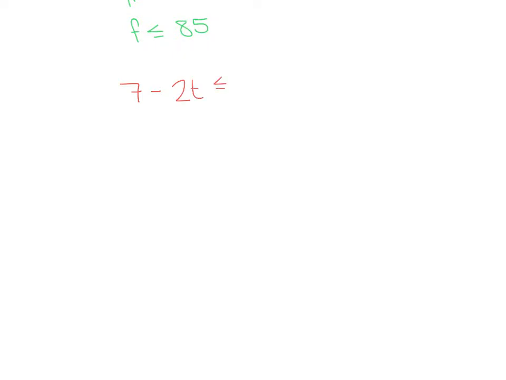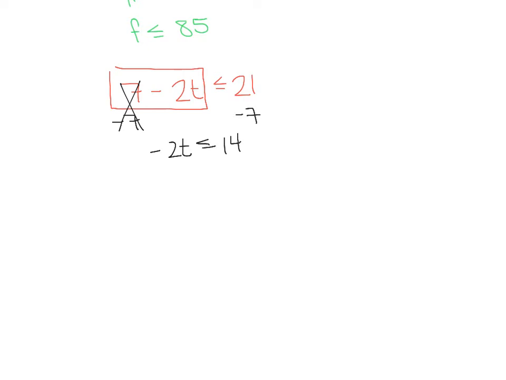So the next one is 7 minus 2t is less than or equal to 21. The goal still is to get that variable by itself. So I'm looking at this side, so the t is alone. Positive 7, move it by subtracting 7. These cancel, and I get negative 2t is less than or equal to 14.